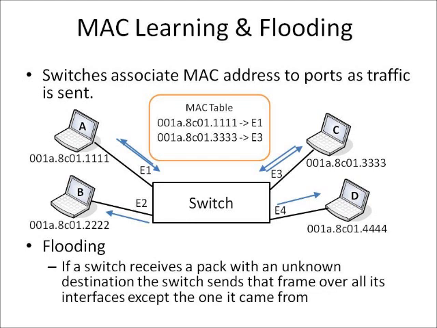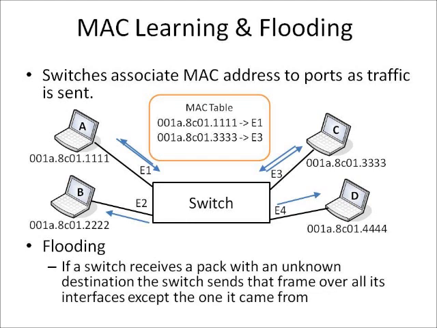So essentially, in that case, if device A wants to broadcast out to devices C, B, and D, all it has to do is send it to a MAC address of FF:FF:FF:FF:FF:FF, or essentially all Fs. The switch will receive it and send it out all ports.